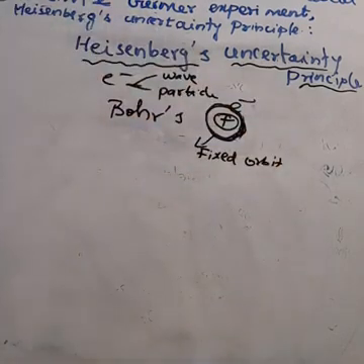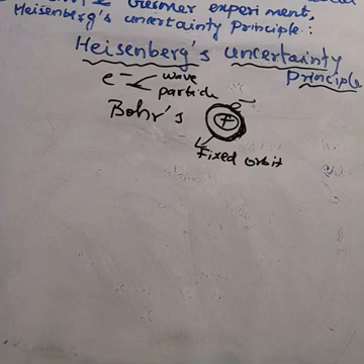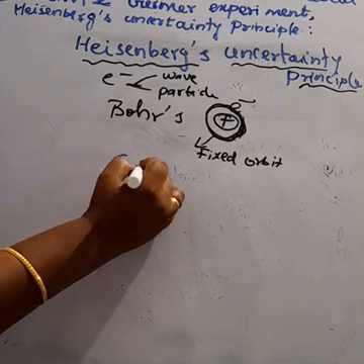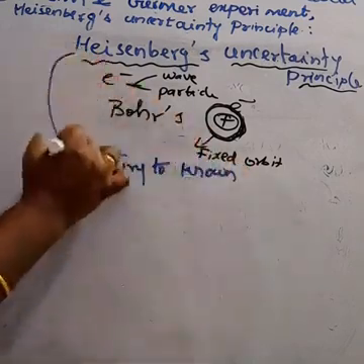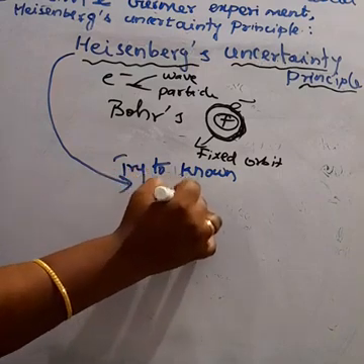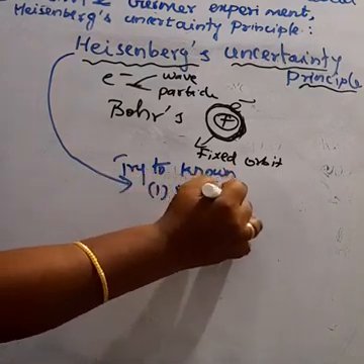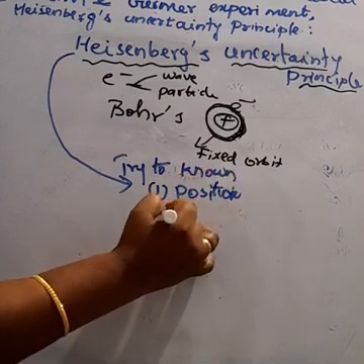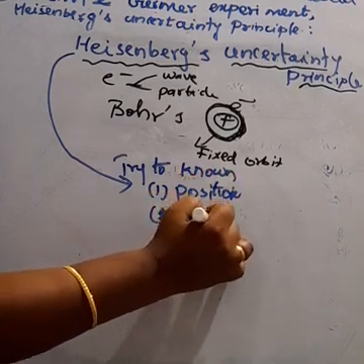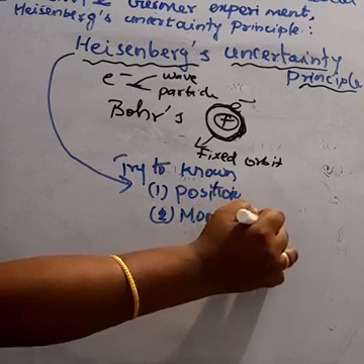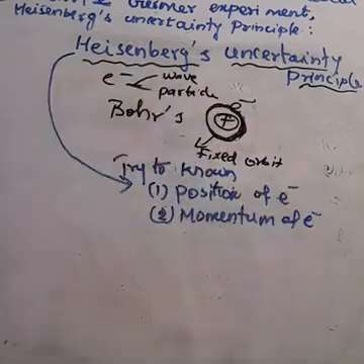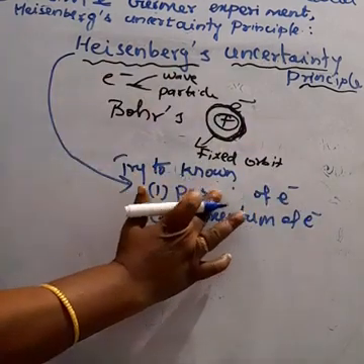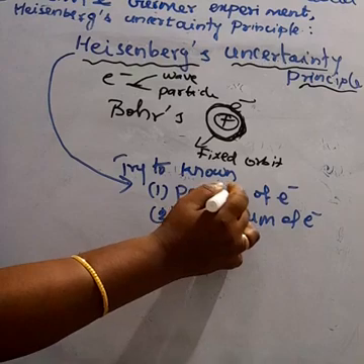Here Heisenberg tried to know the position of electrons, which position it revolves in, and also he tried to find the momentum of electrons.